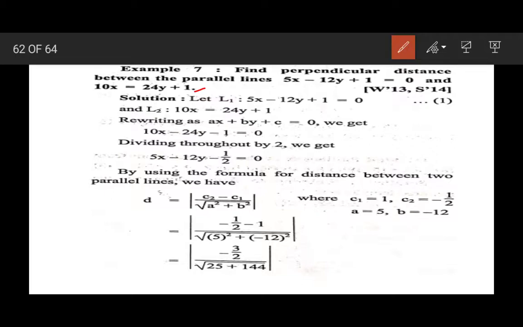So line 1 is 5x minus 12y plus 1 equal to 0, and line 2 is given as 10x equal to 24y plus 1. Now we can rewrite this equation in the form of ax plus by plus c equal to 0. So line 2 will be 10x minus 24y minus 1 equal to 0.